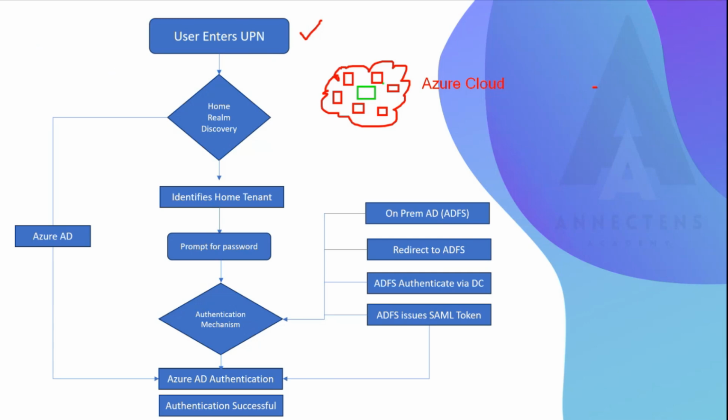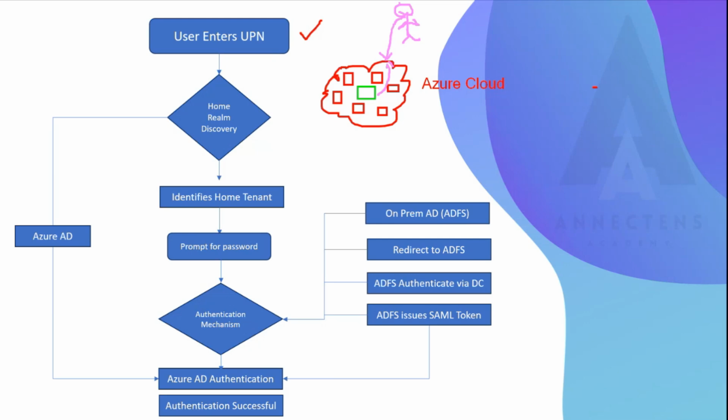For example, I am a user, and I am now connecting to Azure. Now Azure will help me. This is the HRD for this user, and it will connect me here. This is how I'm connecting.